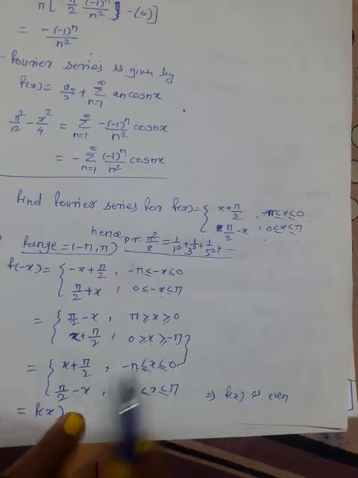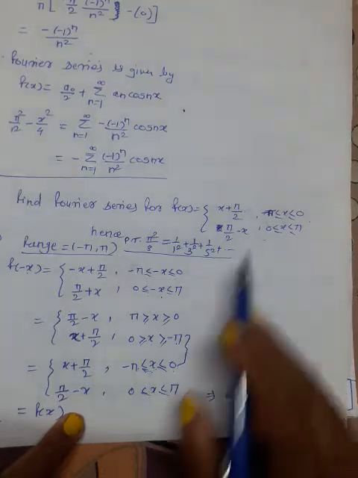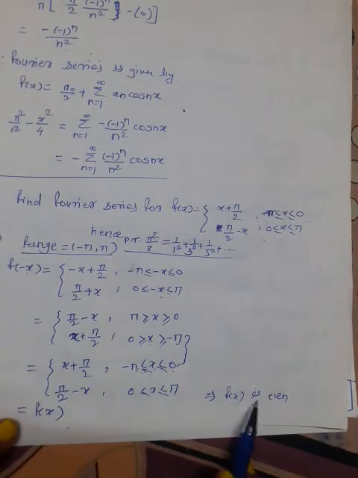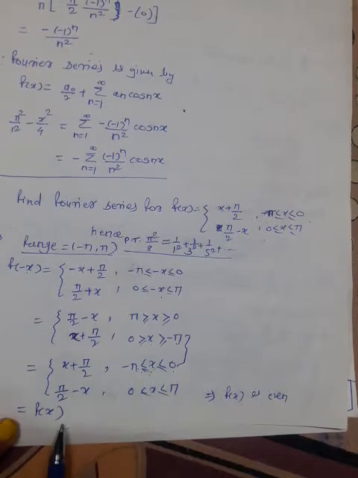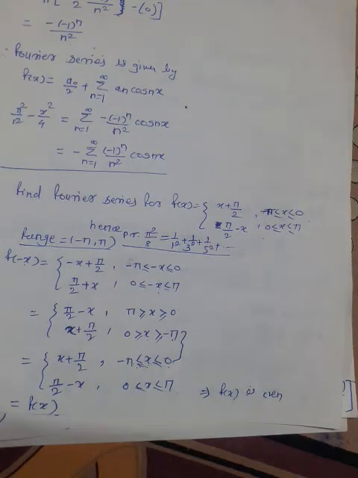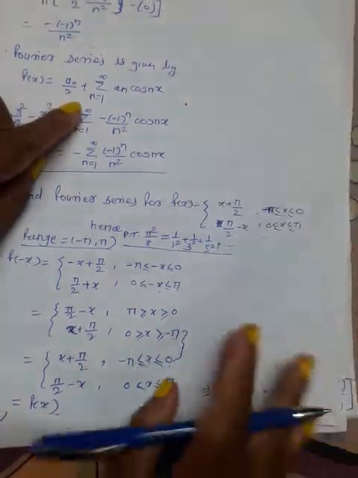If you observe this and this function, these two are the same function. Therefore the function is an even function, because f of minus x becomes f of x. For the interval format, these are the only changes. Now for an even function, we know bn is 0.